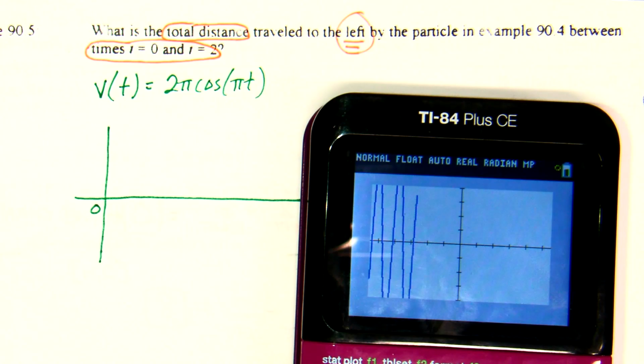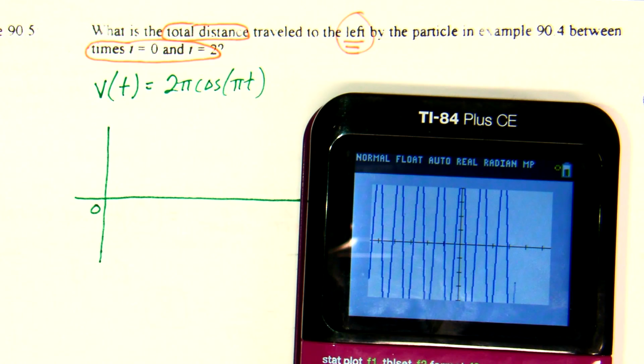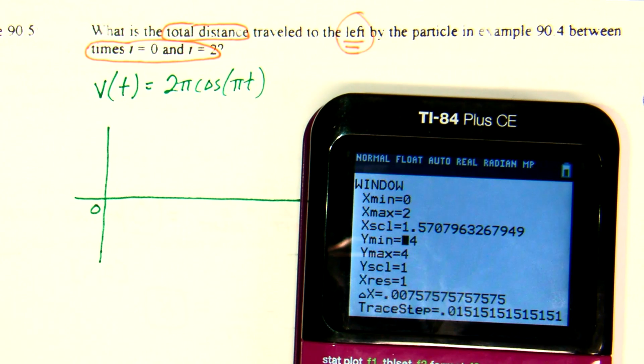Oh, I didn't change. The 2 pi out front makes it a very stretched cosine curve if you see mine. Now, I only need to know, though, I forgot to change, from 0 to 2.